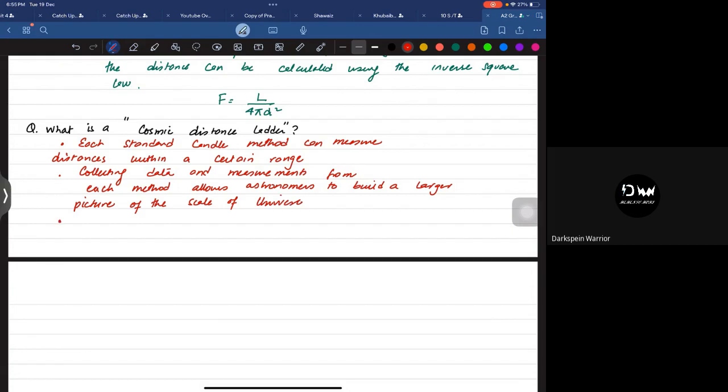So every time we make a discovery, we add this element to the picture, and this is known as the cosmic distance ladder. Is it clear, kids?